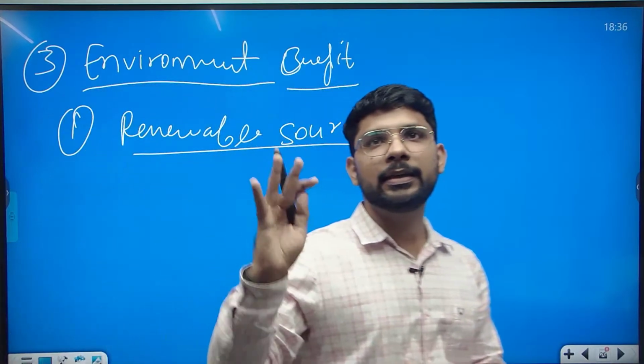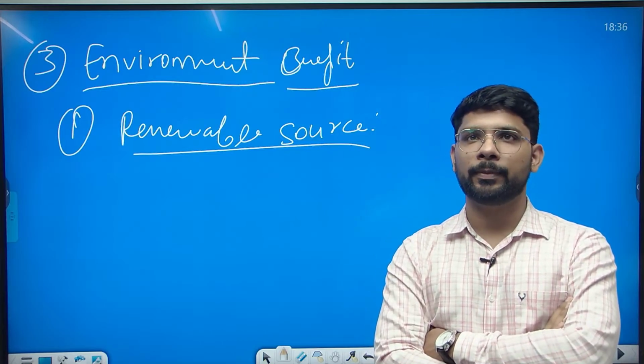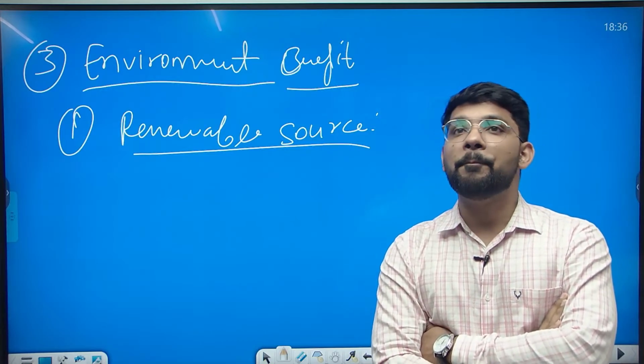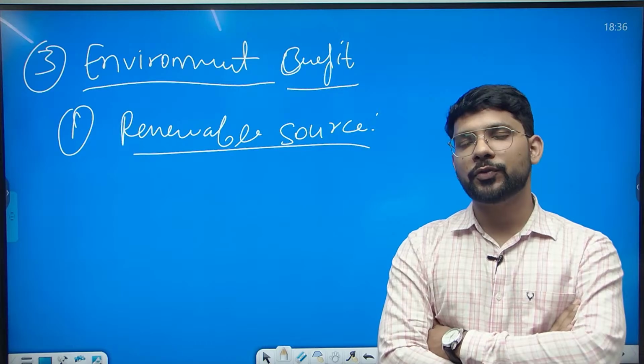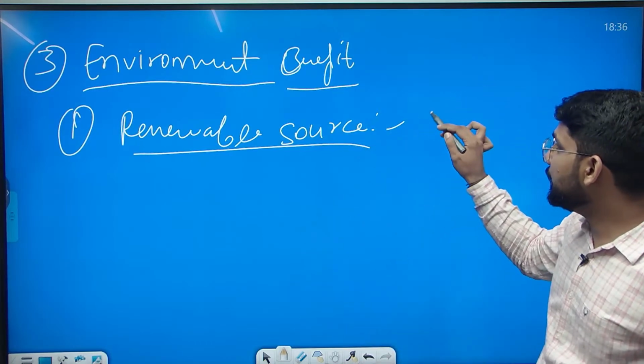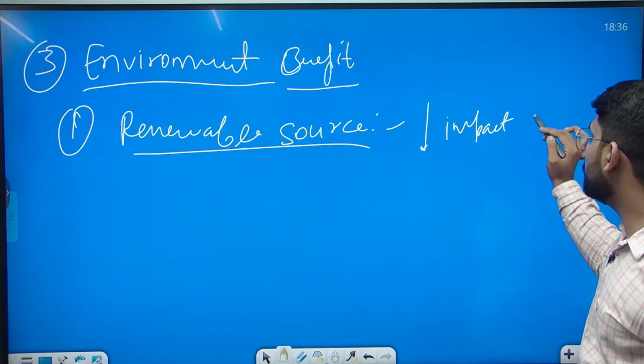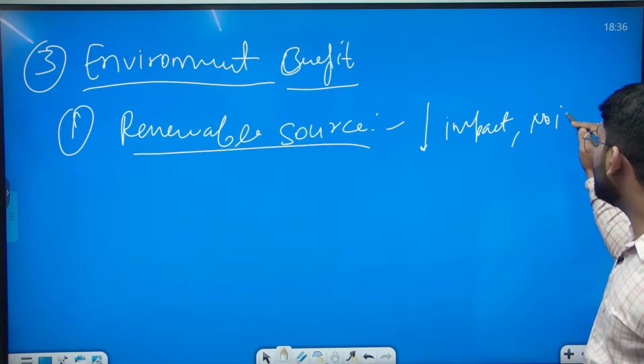Solar energy is a renewable source of energy. So it's saving the fossil fuel. It is competing directly with the conventional source of energy. It's cheaper in nature. So it's a renewable source, meaning it's impacting the environment very little, or has no impact on the environment.